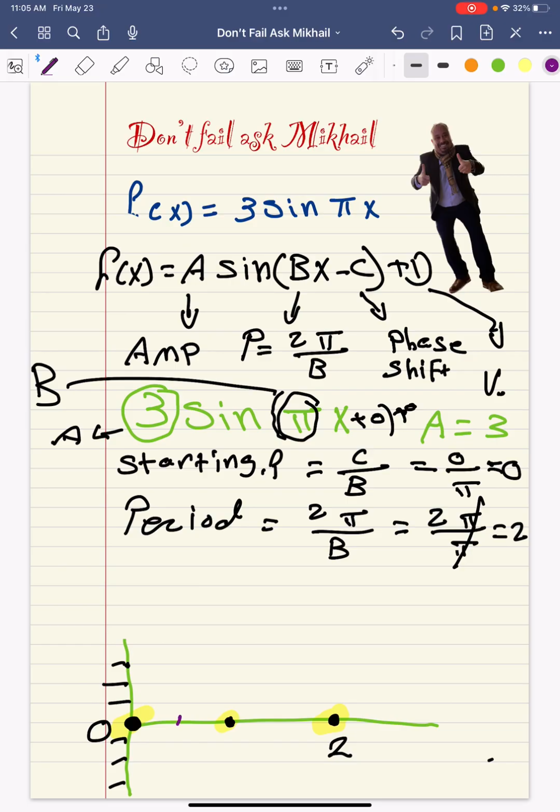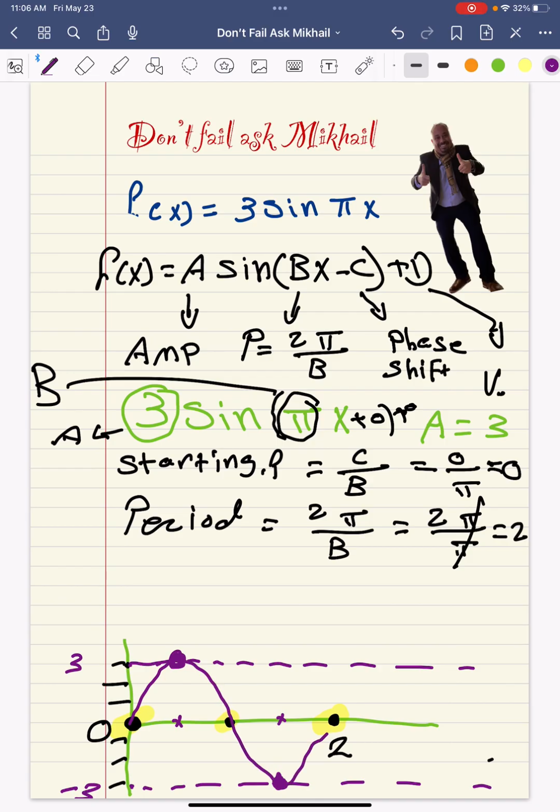In the middle here, this is where the max is going to be, and here is where the min is going to be. So between 3 and negative 3, you have a max and a min. So the graph goes like this, from all the way up here to down here to up here. Now, what are the values?